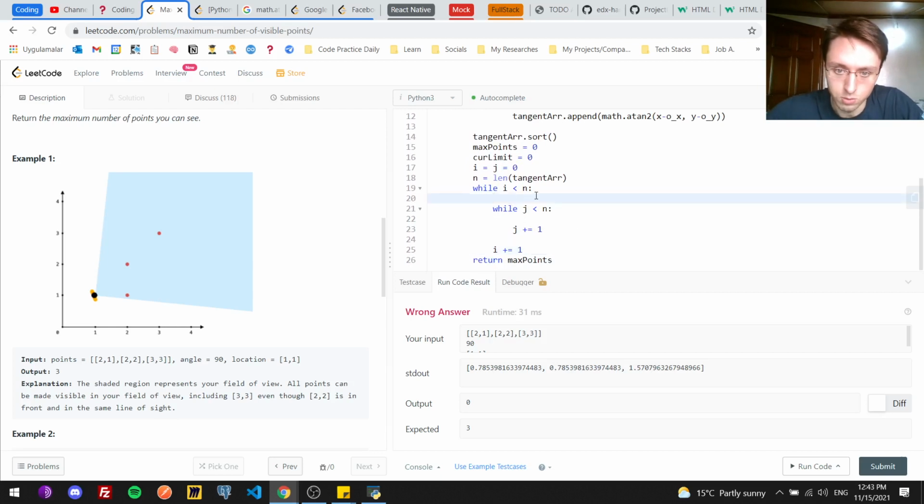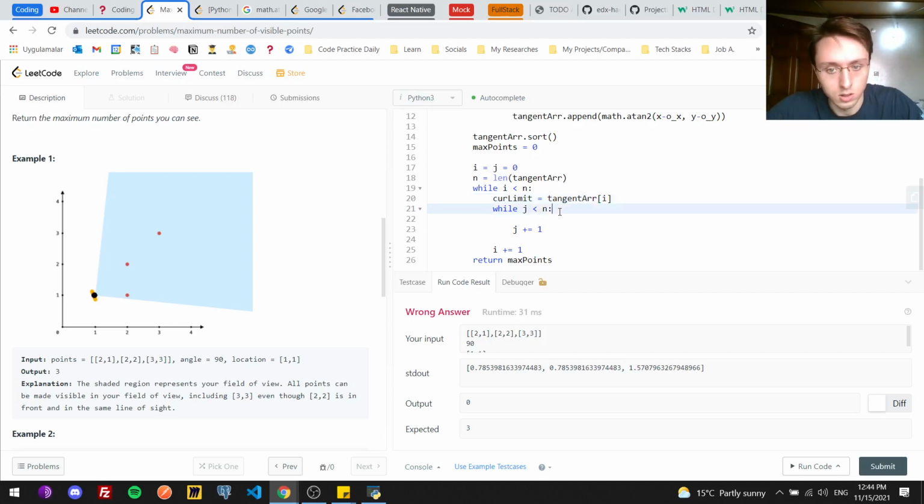Okay, so my current limit will be my i, right? Tangent array i will be my current limit. I want to move from the current position until the end.